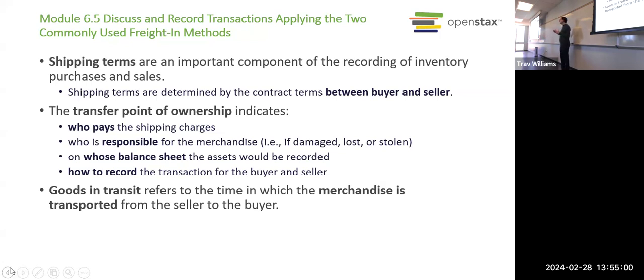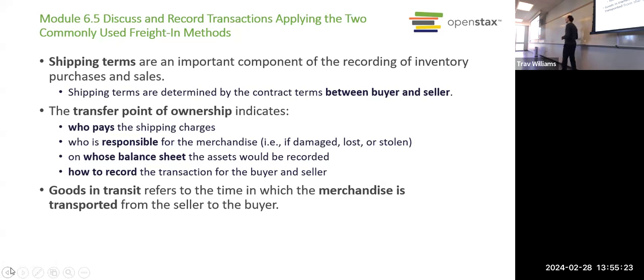During that period from when they ship it until it gets to you, it's in transit, right? Some delivery company is bringing it from there to you. So the question arises, who owns that merchandise when it's in transit? And who pays for the shipping costs?